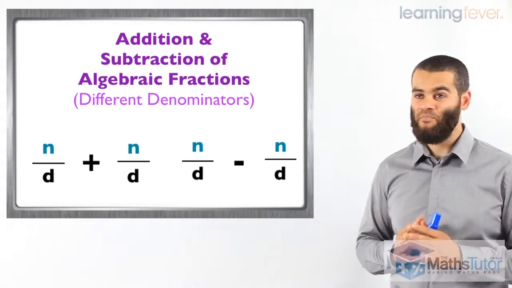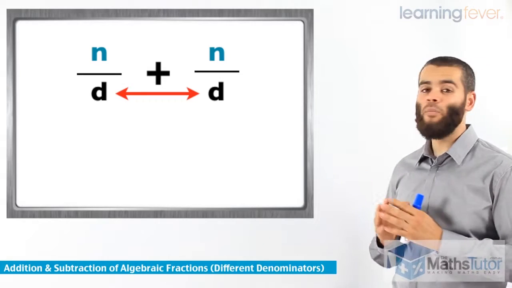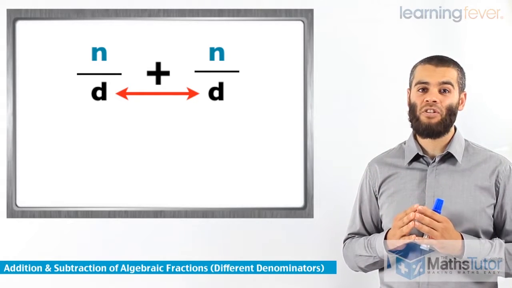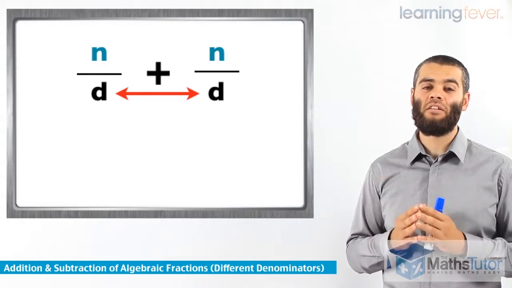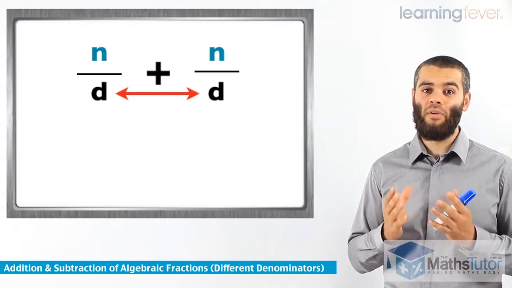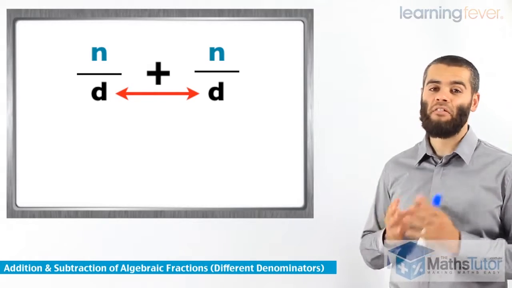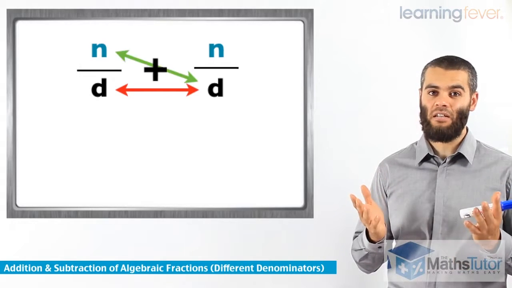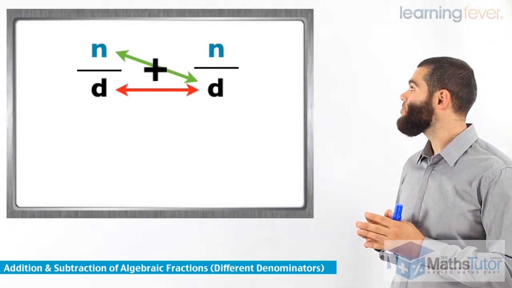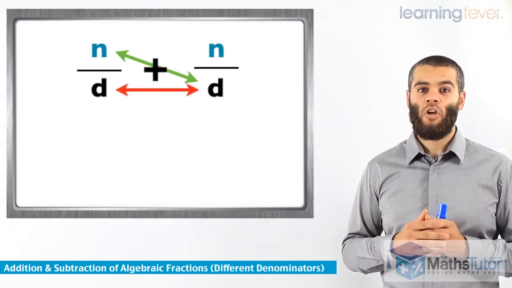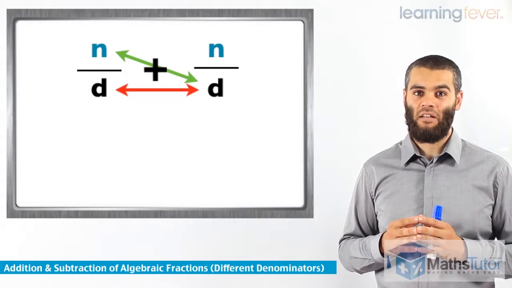First, to make the denominators the same, when we have a fraction that is adding or subtracting to another fraction with a different denominator, we multiply the denominators first. Then we multiply the first numerator with the second denominator.